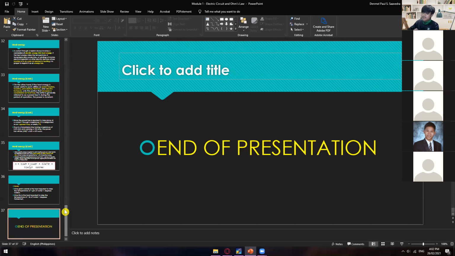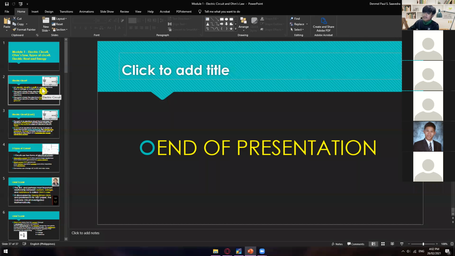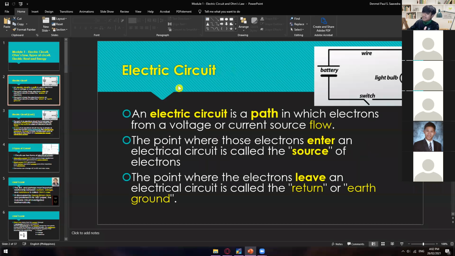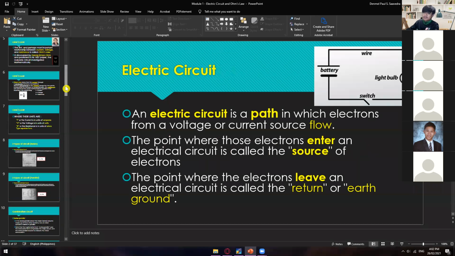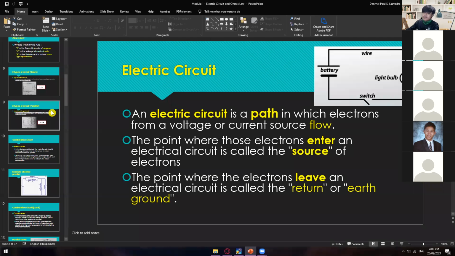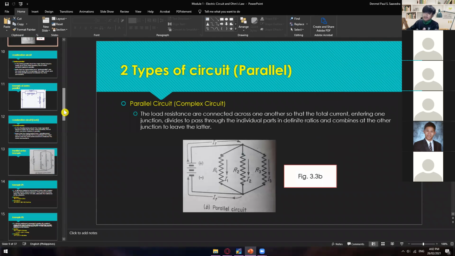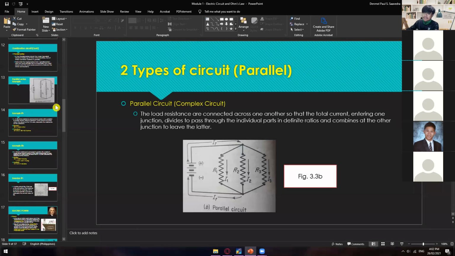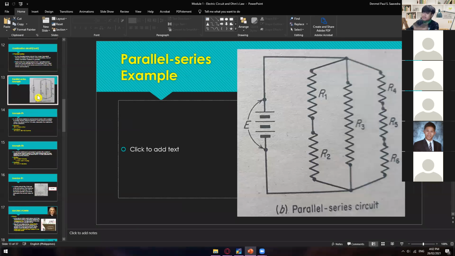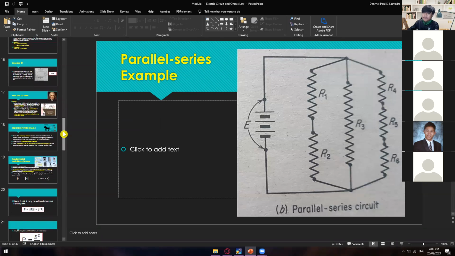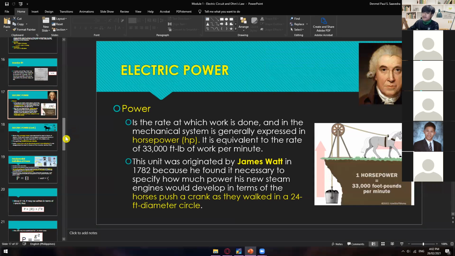Okay, so let's just recall the topics that we have discussed. In this module 1, we discussed the electric circuit first, and then Ohm's law. And what else? Two types of circuit, just a very brief discussion. And then the combinations: parallel, series, and then series-parallel. And the electric power.